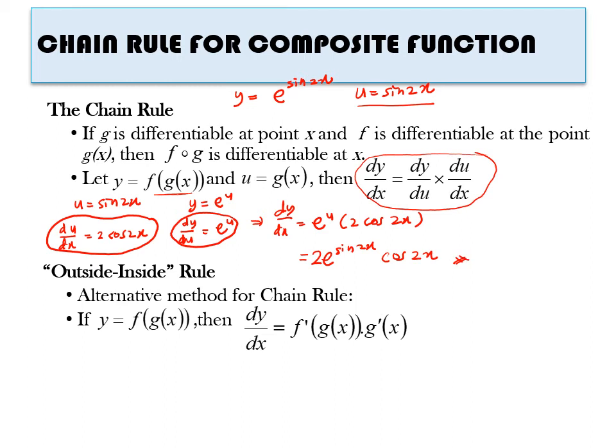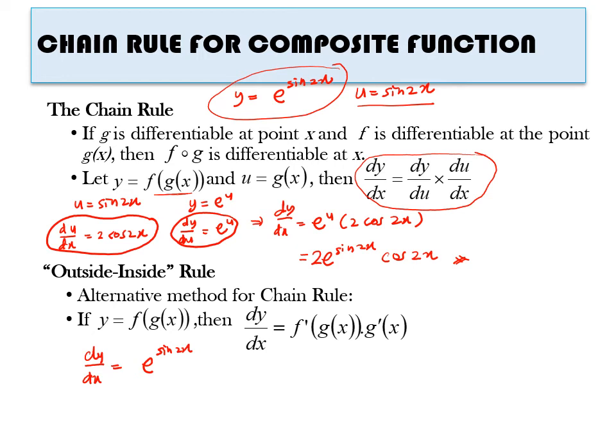There is another alternative for the chain rule, which is called the outside-inside rule. We differentiate the main function and then multiply by the derivative of the inside function. For example, y equals e power sine 2x. dy over dx is equal to, if we differentiate the exponent, we get the same thing, e power sine 2x.